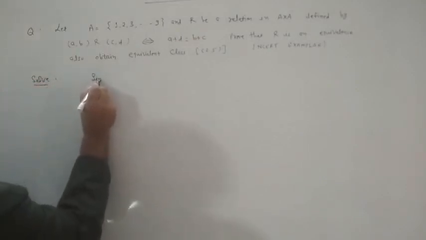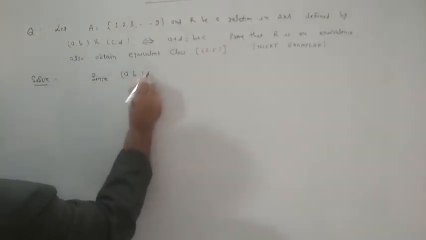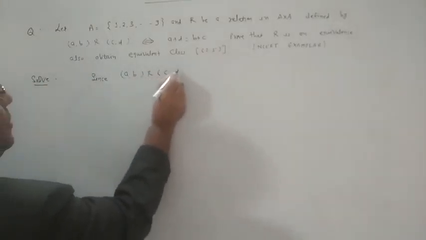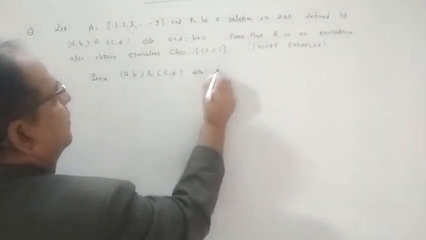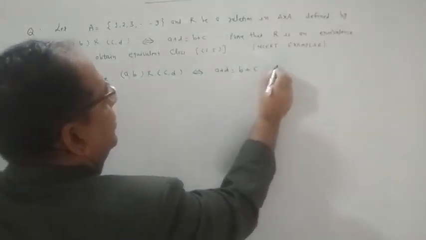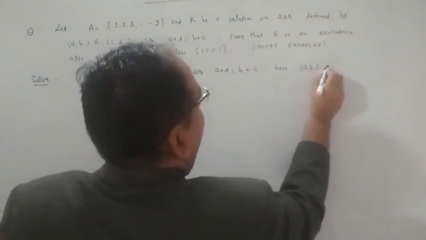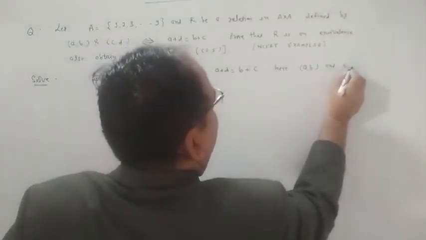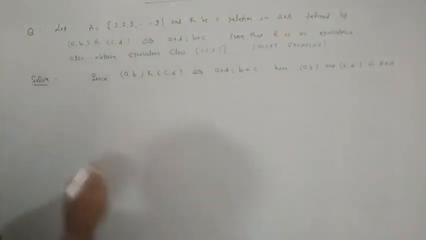Since the pair (a, b) is related to the pair (c, d) if and only if a plus d equal to b plus c, here (a, b) and (c, d) belong to A cross A. First we take reflexive.